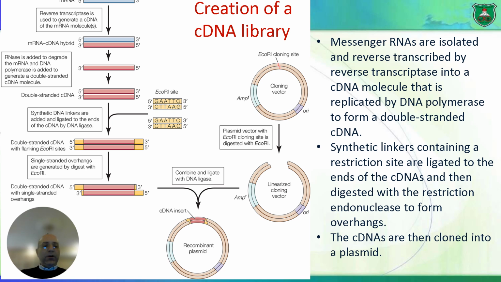We take everything. So we can have pieces that can represent genes, exons, introns, centromeres, telomeres, promoter proximal elements, enhancers, everything. Okay. Now, with the cDNA library, we're only taking the expressed genes.